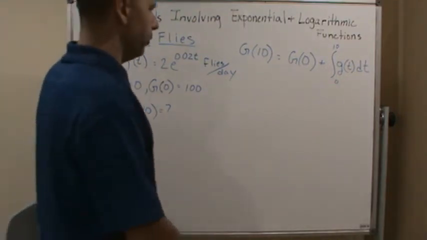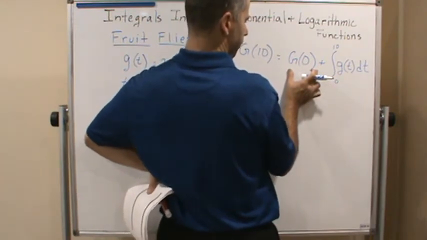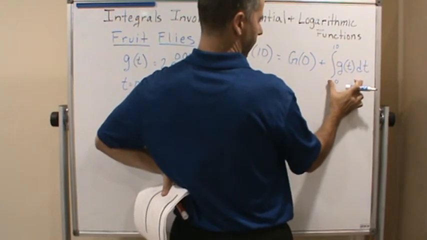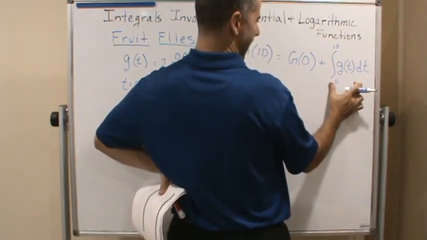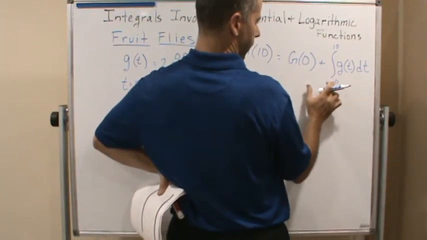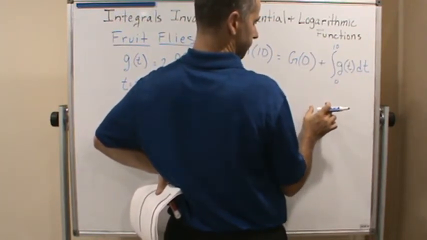All we're doing is setting up with the initial population size plus all the other that was added from t equals 0 to t equals 10 days.